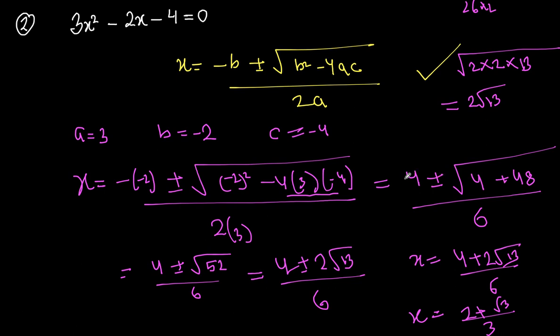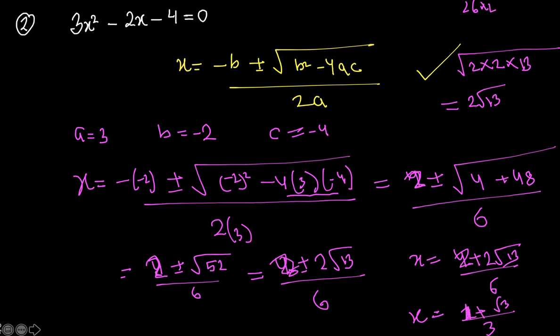Sorry, one mistake I have made, this is 2, because the minus here, if you multiply it with minus 2, you will get 2. So this is 2, so this will become 1.